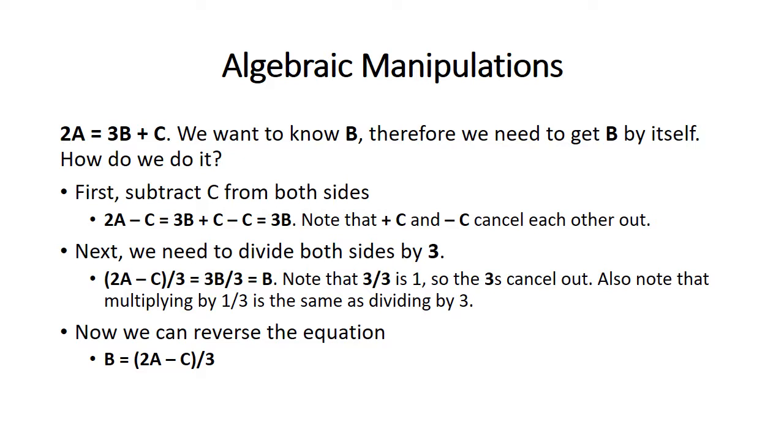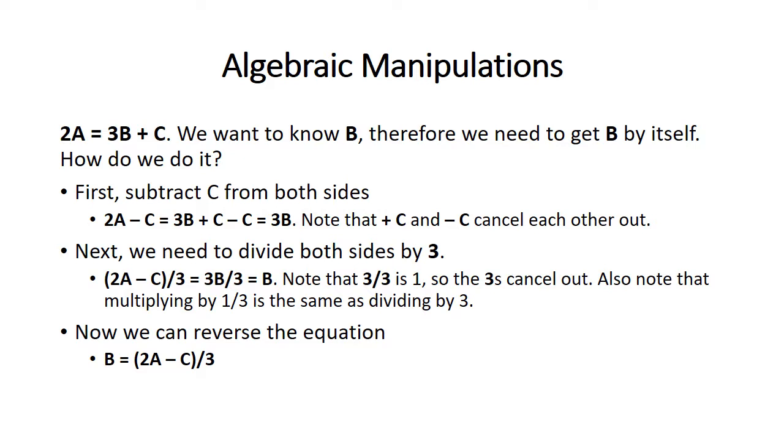And so now we've almost got b by itself. We just need to divide both sides by 3. Keep in mind, in algebra, as long as you do the same thing to both sides, everything is perfectly fine. And so here we're going to divide both sides by 3. And when we do, on the left-hand side, we get 2a minus c in parentheses, which means we do that part first, divide by 3, and that's equal to 3b over 3.